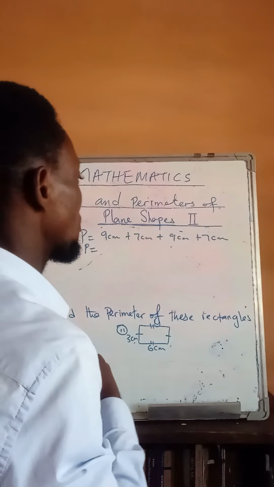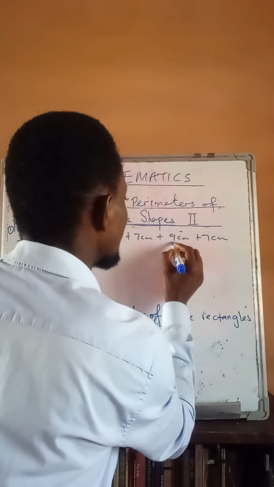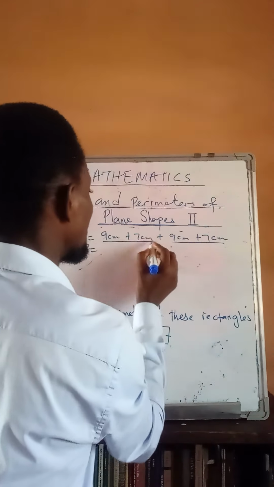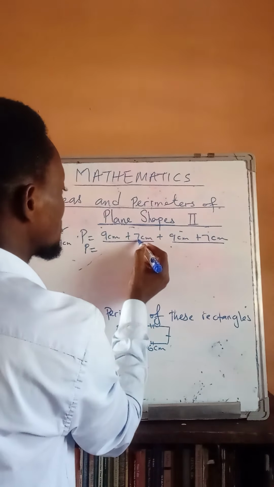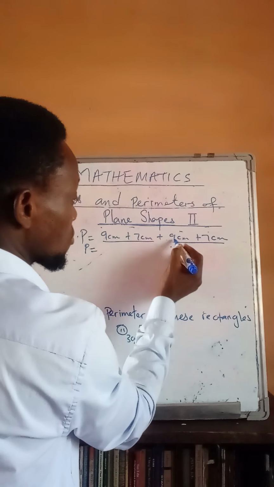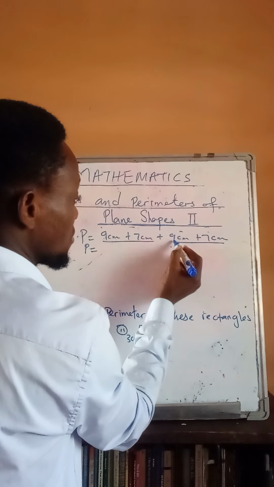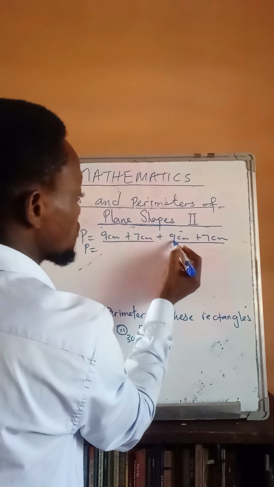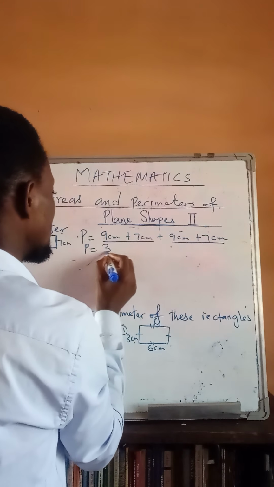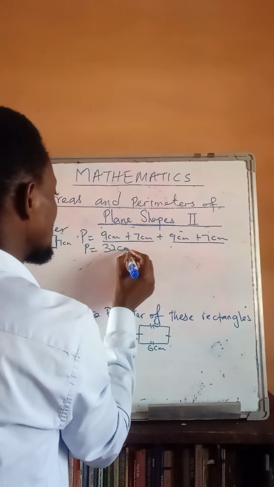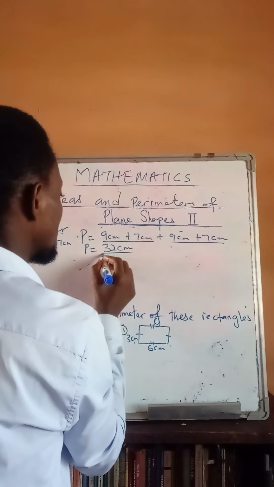Yes, 16 plus another 16 will give us 32. Or you say 9 plus 7 will give us 16, 16 plus 9 will give us 25, and 25 plus 7 will give us 32. So that is 32 centimeters. That is the answer.